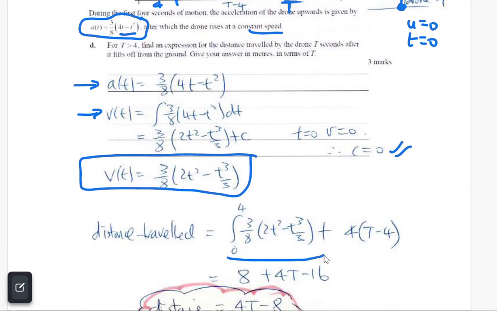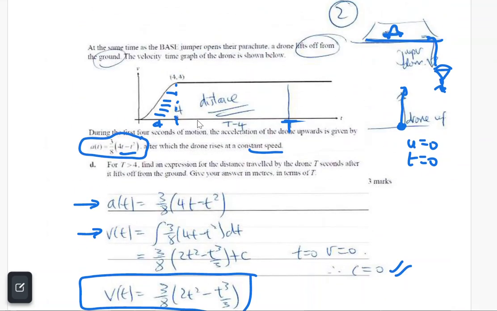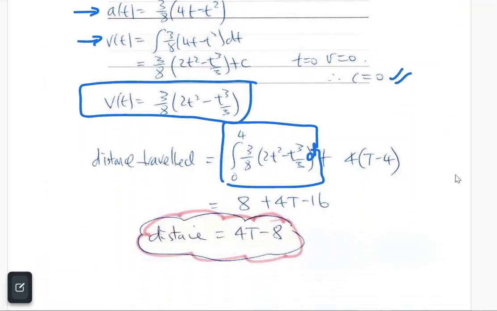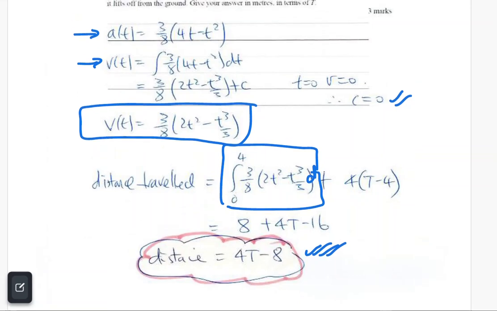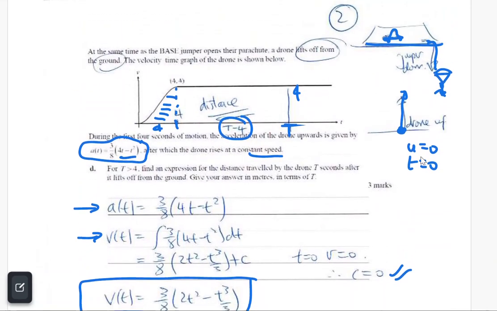So the integral under the curve for the first 4 seconds plus this rectangle, which is t minus 4 times 4, gives 4t minus 8, where t is the total time. And that will be the distance that the drone moves up off the ground.